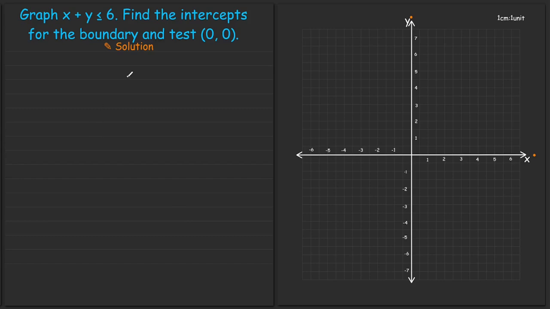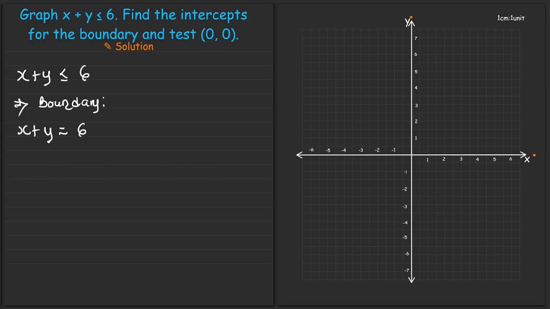So looking at our inequality, we have what? x plus y is less than or equal to 6. So this is to imply that our boundary is going to be an equation. So x plus y is equal to 6.